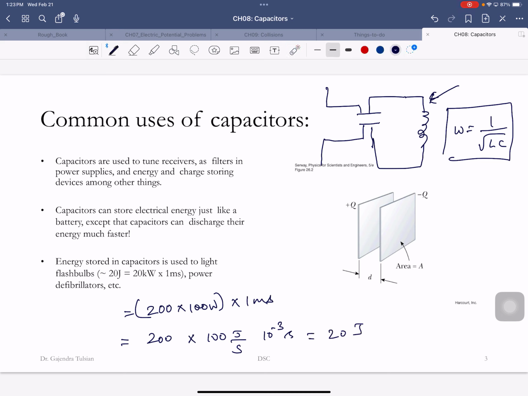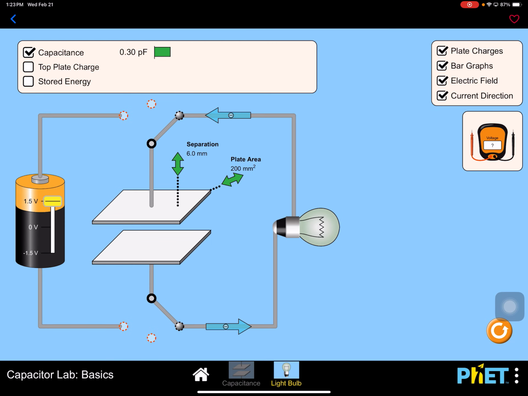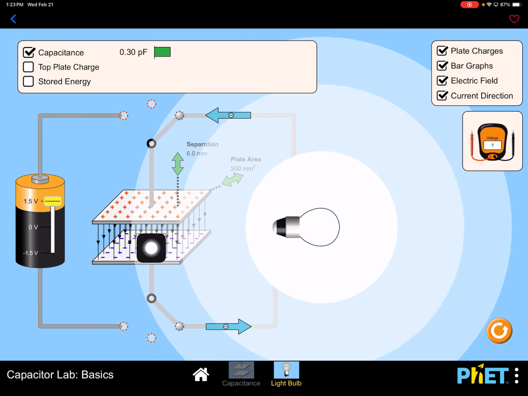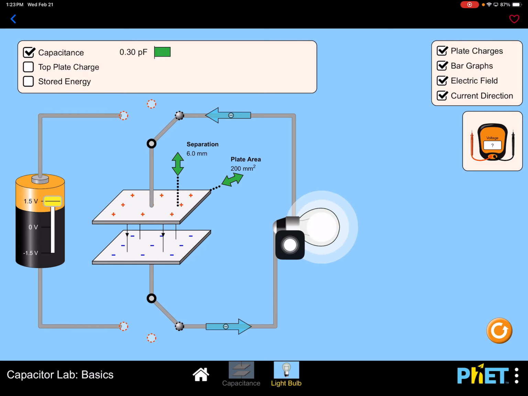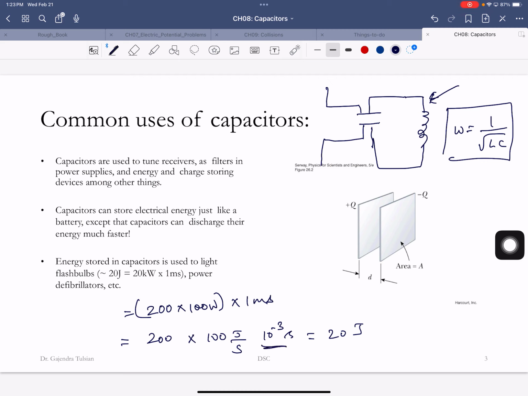So what this number tells you is the following. You store 20 joules of energy on this capacitor, and when you discharge it through this bulb, that bulb lit like 200 100-watt bulbs for 1 millisecond.